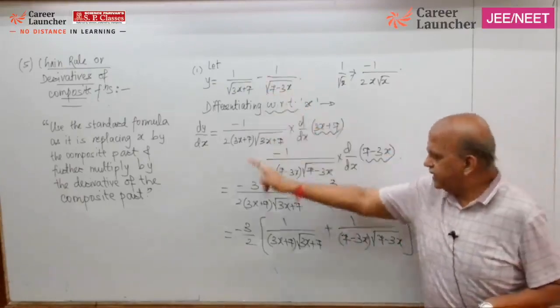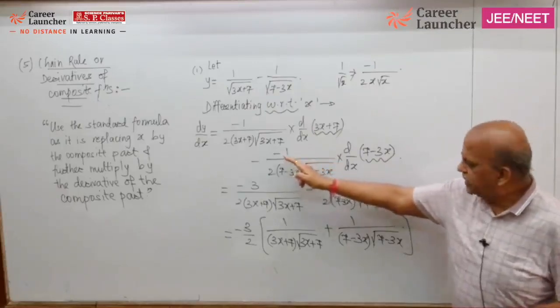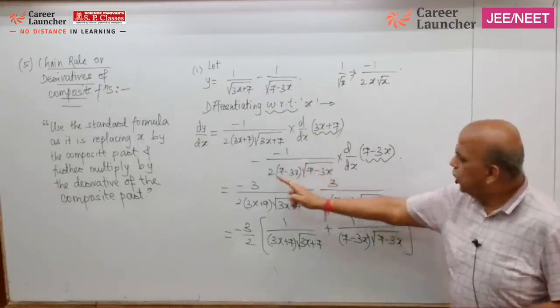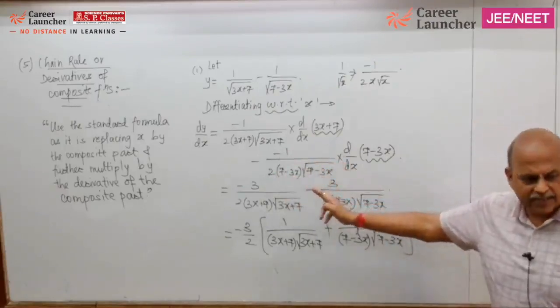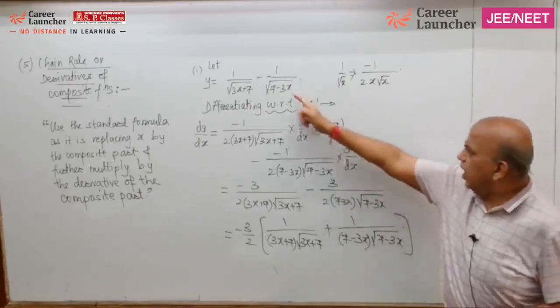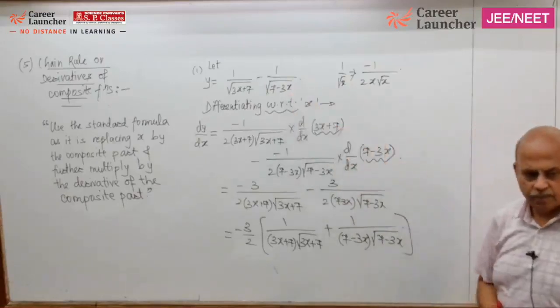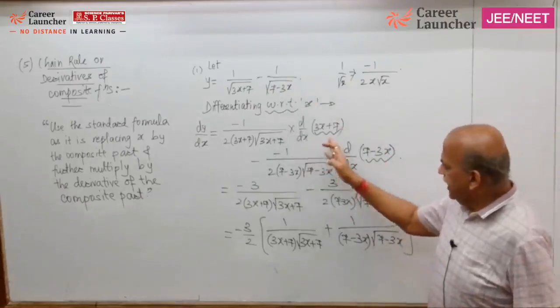This minus sign is already there. Now the standard formula: minus 1 upon 2 (7 minus 3x) root of 7 minus 3x, and further multiply by the derivative of 7 minus 3x.